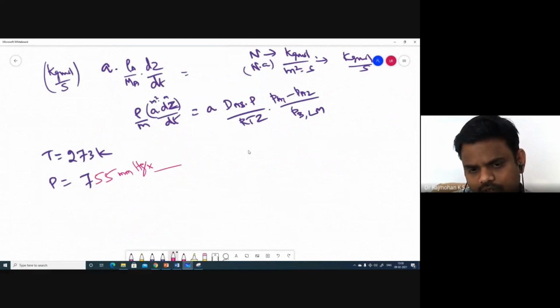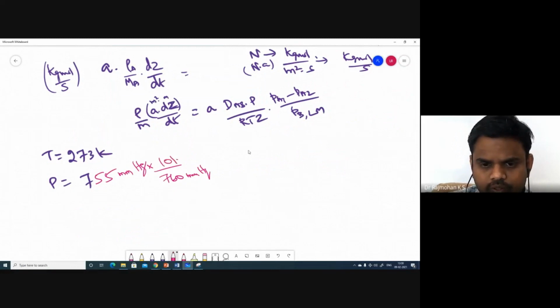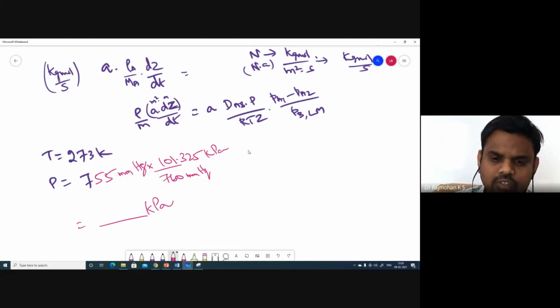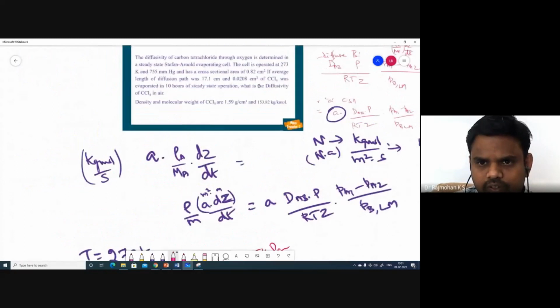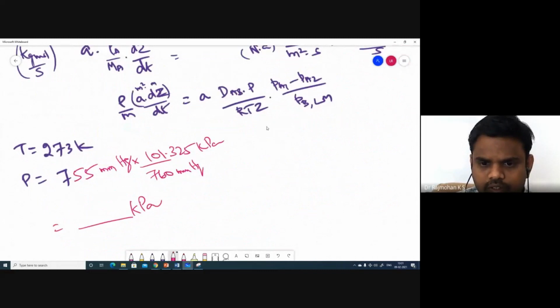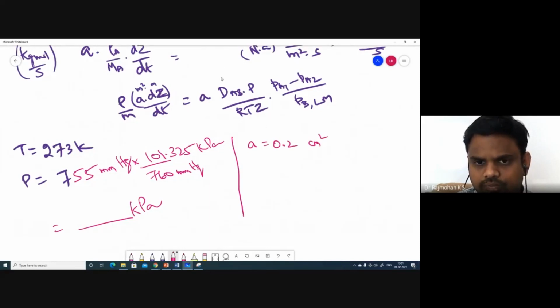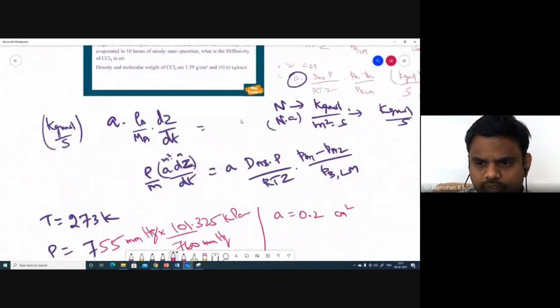So 760 mm mercury is 101.325 kilopascal. So we get total pressure in terms of kilopascal. It may be slightly lower than 101. So total pressure is given. What else is given? It has a cross section area of 0.82 centimeter square.